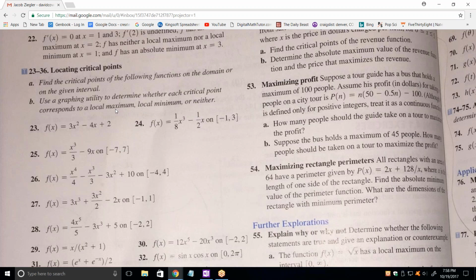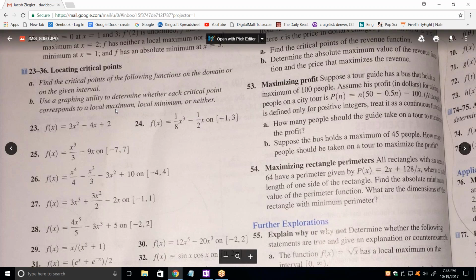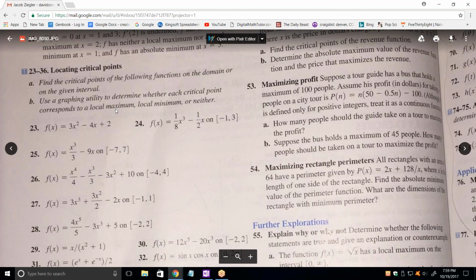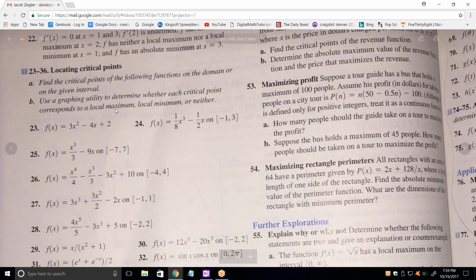But if I'm trying to determine whether that's an absolute maximum or an absolute minimum, I got to figure out what its value is. In other words, I got to plug in 3 into the original function. And then I got to plug in minus 3 into the original function. Oh, and then I got to plug in minus 7 into the original function and also 7 into the original function. I end up with 4 values.